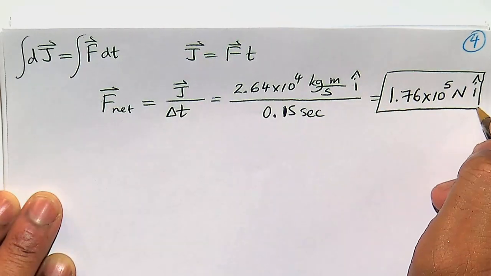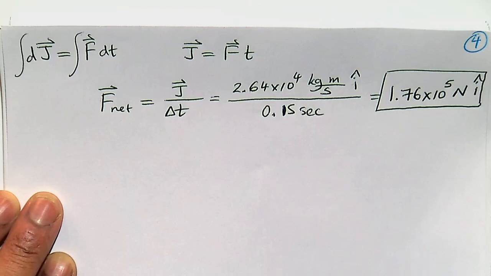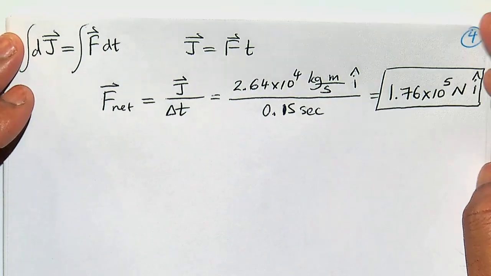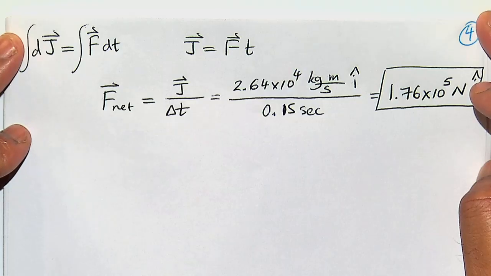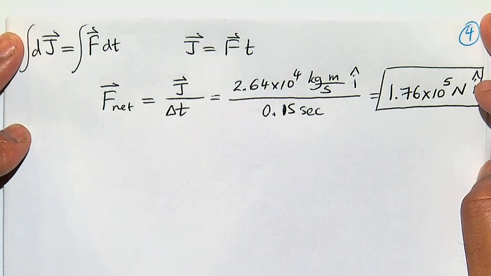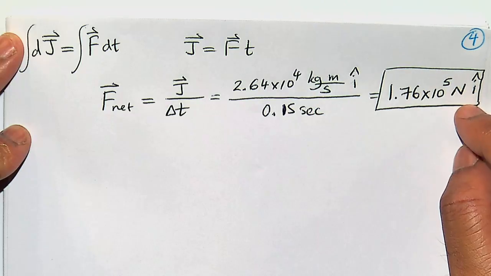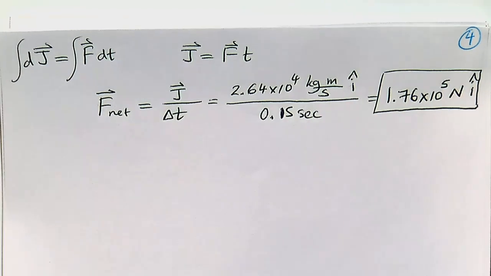If you just want the magnitude, you don't have to worry about the I hats, but this helps us keep track of direction. So if you just take the impulse and divide it by time, you will get a force. If you did it the other way with acceleration, you should get the same number here as well.